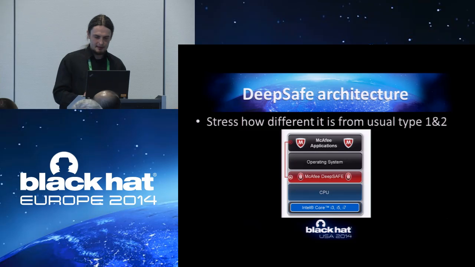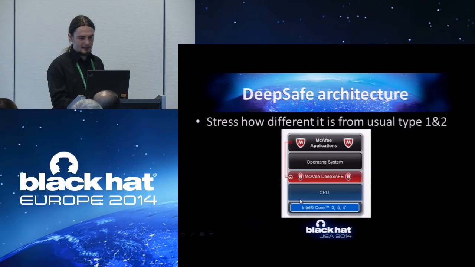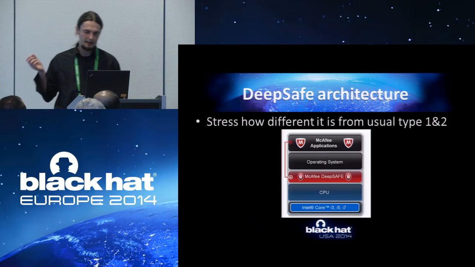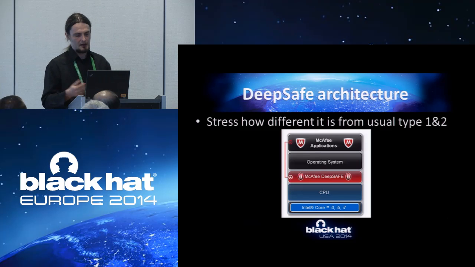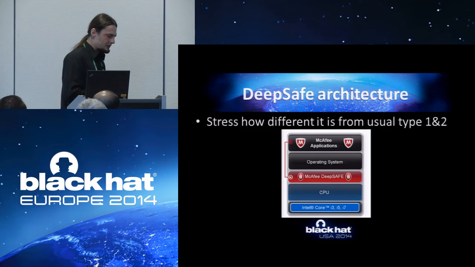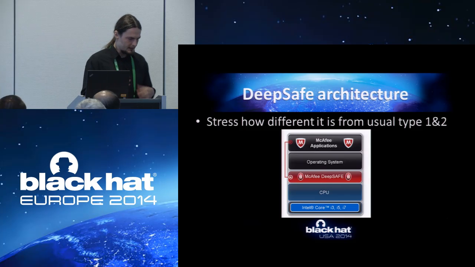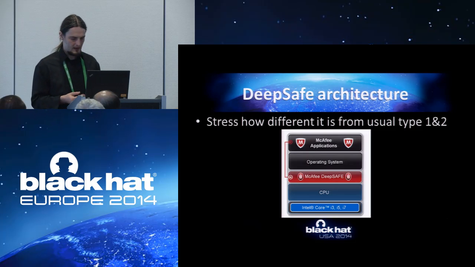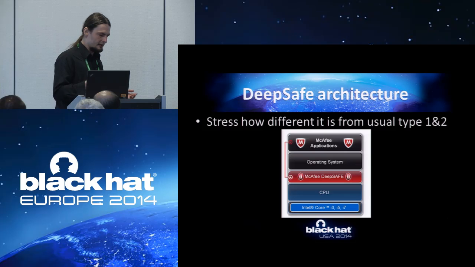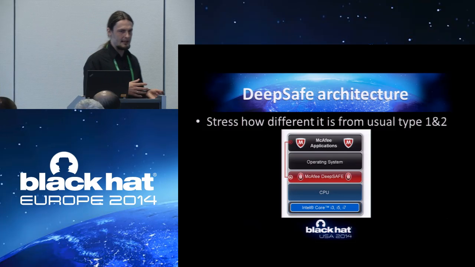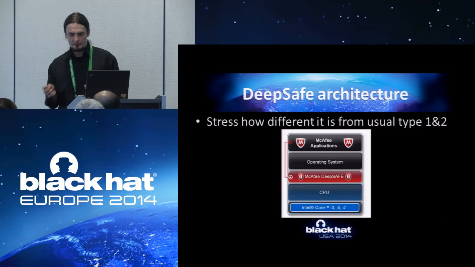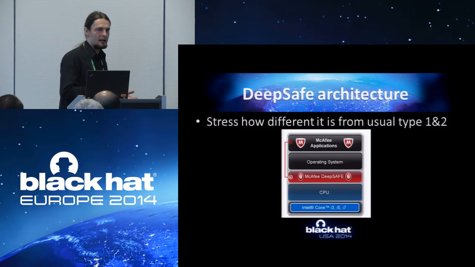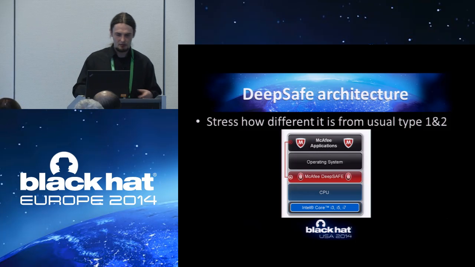So what happens is that Windows operating system starts normally, and then at an early phase, it loads the kernel driver, the DeepSafe driver, right? And what this kernel driver does, it installs itself as a hypervisor, and then deprivileges the Windows operating system to run in a VM. So from this point, Windows does not run on the bare hardware. It does not control the hardware or CPU.